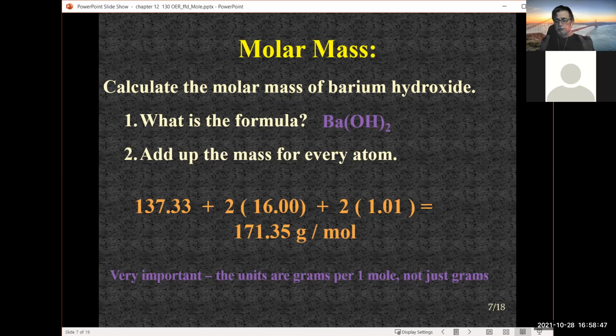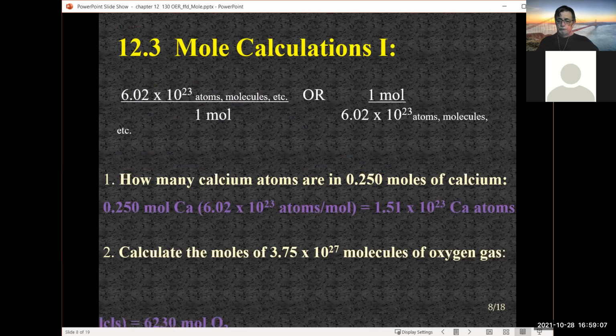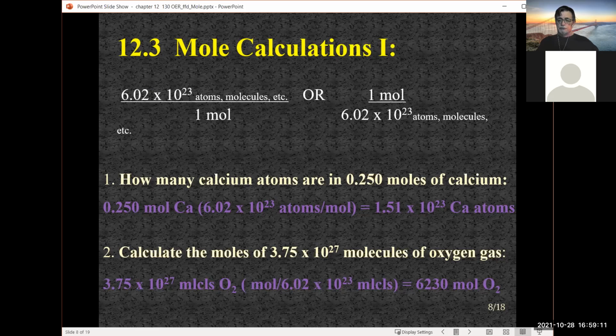We took the elements and put them together to write molecules or compounds like barium hydroxide. That gives us the molar mass, okay? And now we incorporated Avogadro's number to calculate in a mole how many actual atoms we have, okay? And we went through, oh, I forgot this one. Yeah, this one here, 6.023.